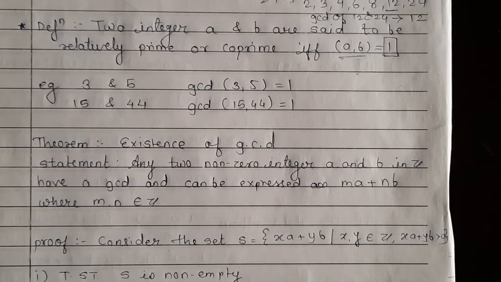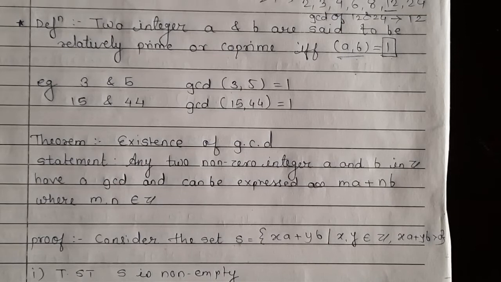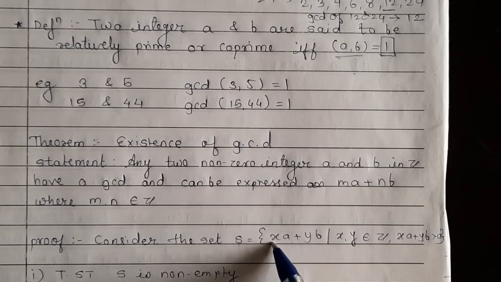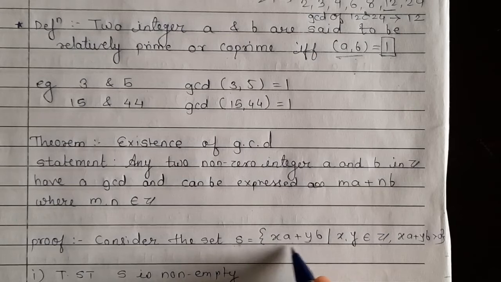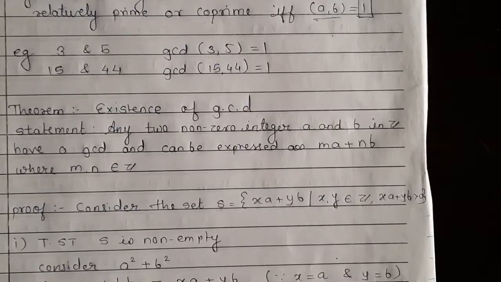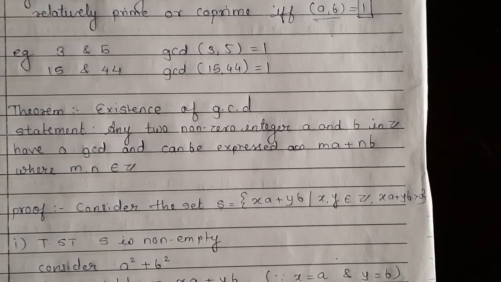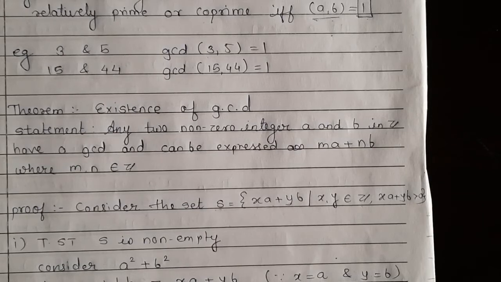Here we consider one set S, whose elements are of the form xa plus yb, where x and y belong to the integers and this sum is greater than 0. We prove this theorem in two steps. First, this set S is non-empty, meaning we have at least one element in S, and in step 2 we show d is the GCD of a and b.